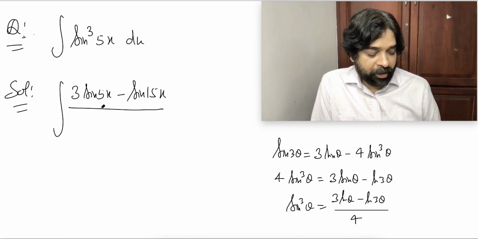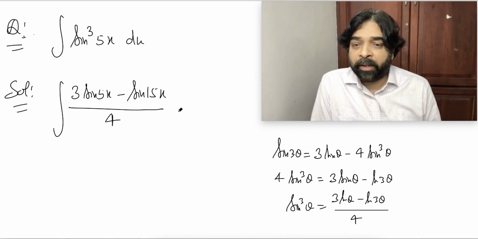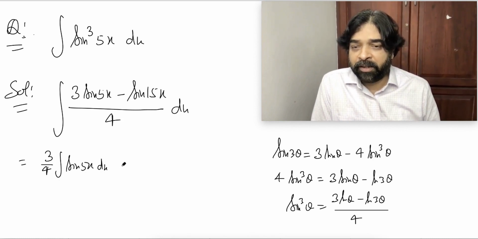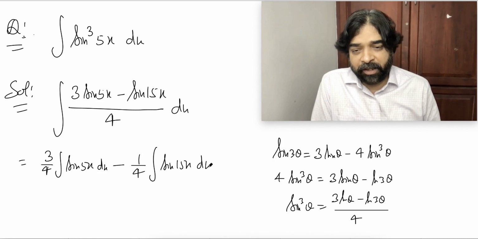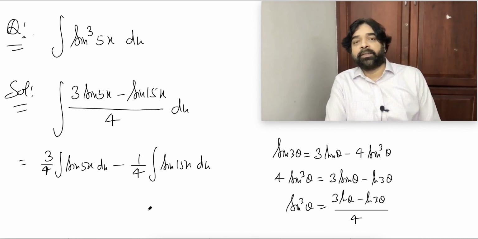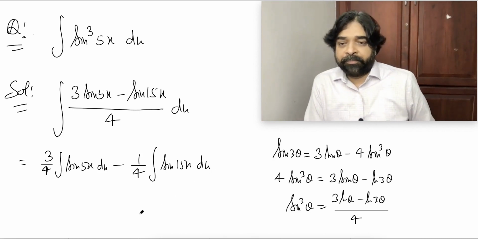I'm sure it's clear to all of you. So this will become equal to 3 by 4 integration of sin 5x dx minus 1 by 4 integration of sin 15x dx. Is it correct?